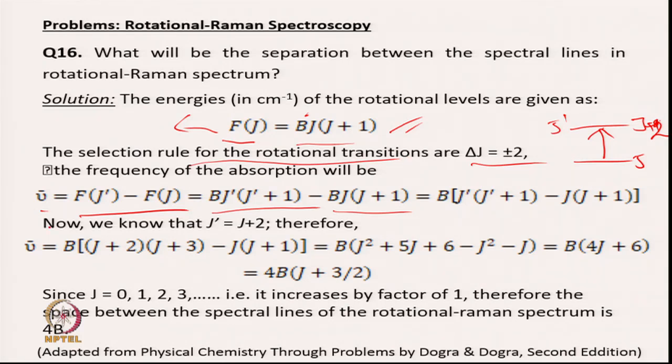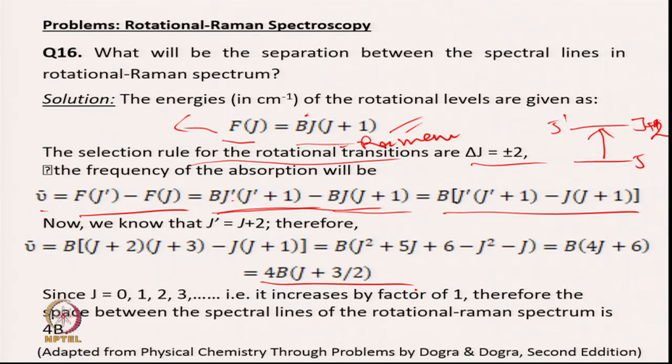So, your nu bar is B J dash (J dash plus 1) minus B J (J plus 1), and if you take B out, this is the expression, and we know that J dash is equal to J plus 2, because that is the selection rule for rotational Raman transition. So, nu bar is equal to B times (J plus 2)(J plus 3) minus J (J plus 1), and what you get is the equation 4B (J plus 3 by 2).